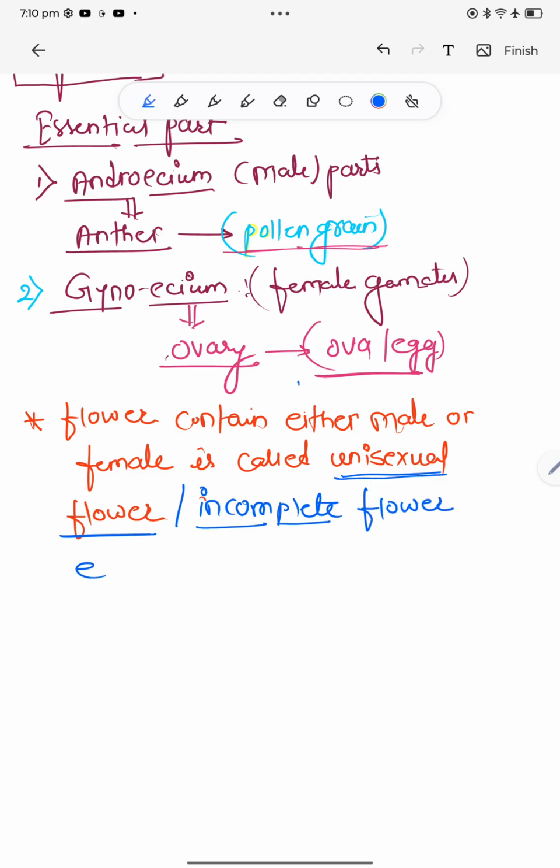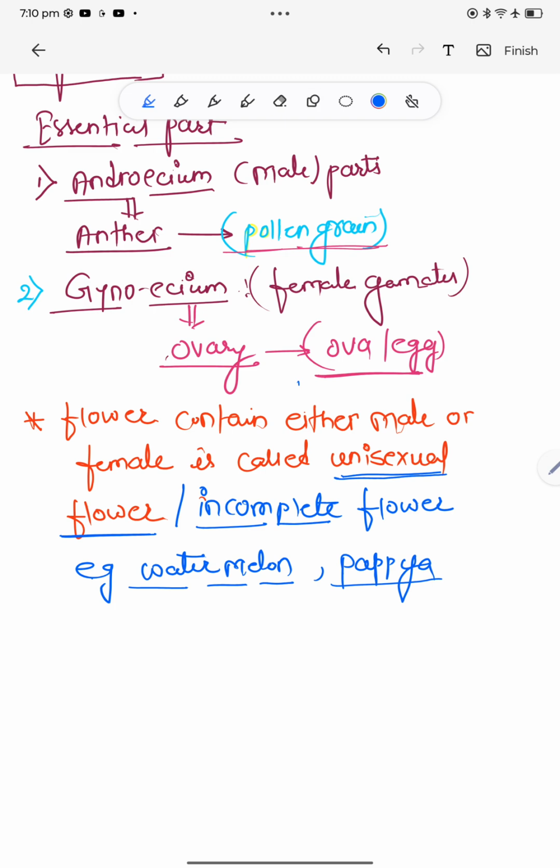Examples of the incomplete flower are watermelon and papaya.